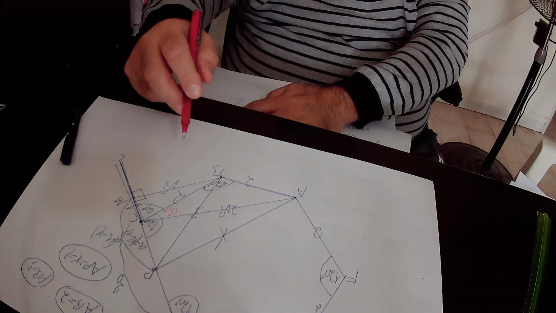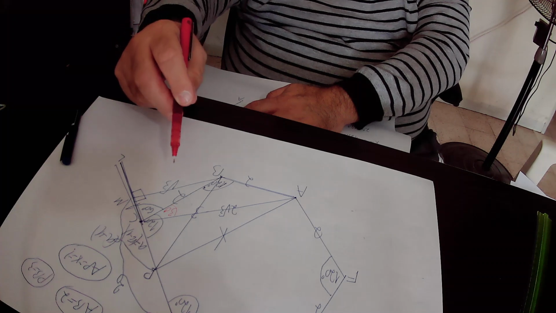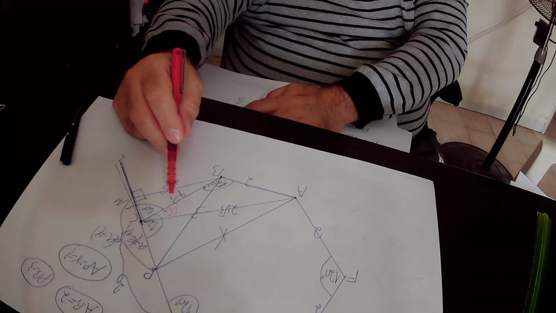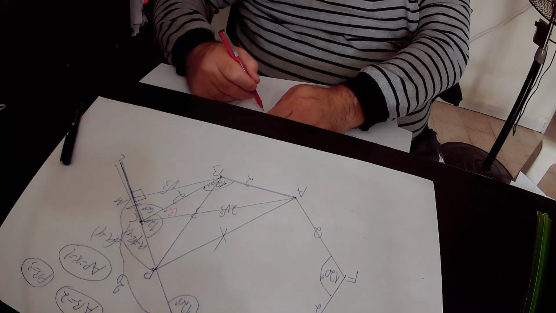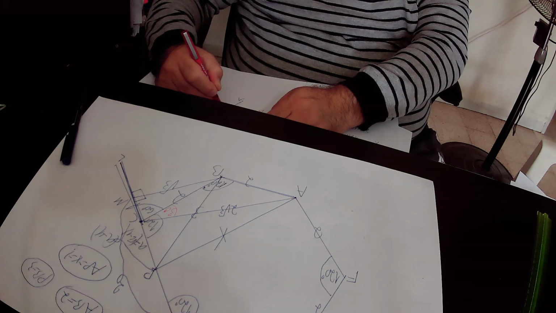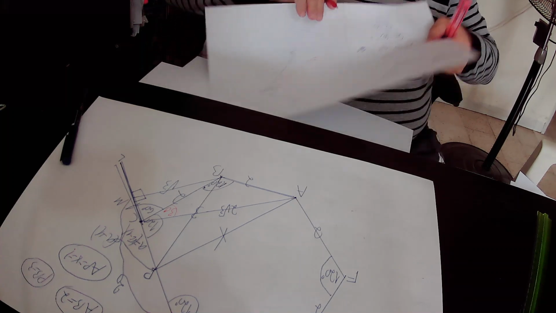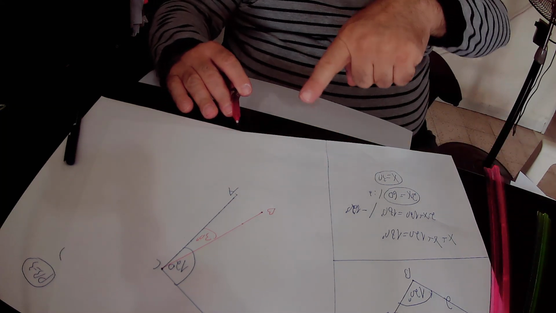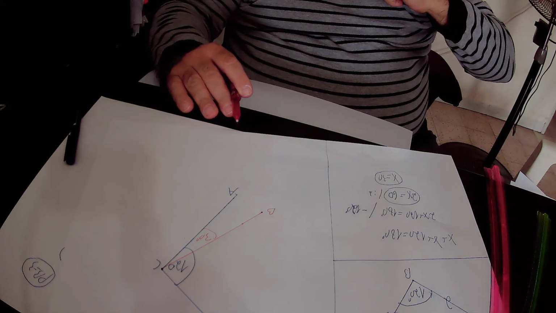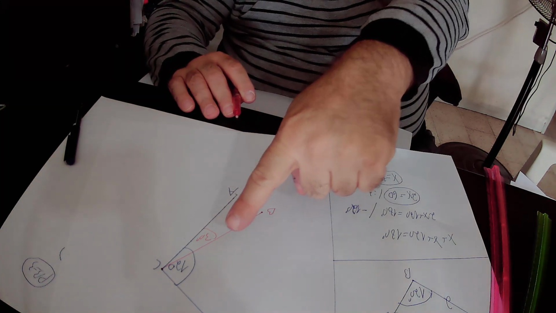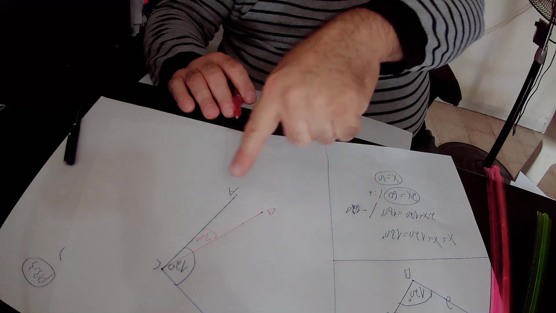It is actually angle ACB. The small angle ACB equals 30 degrees. This is the small angle ACB that is equal to 30 degrees, and therefore the missing angle, angle PCA, equals the big angle minus the small angle.